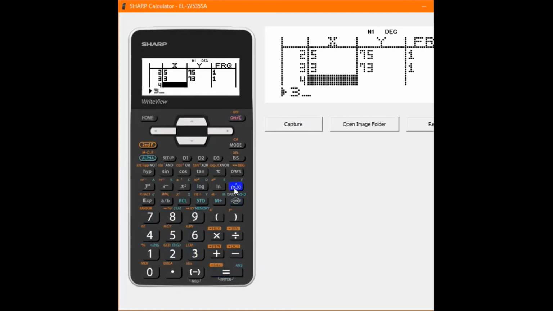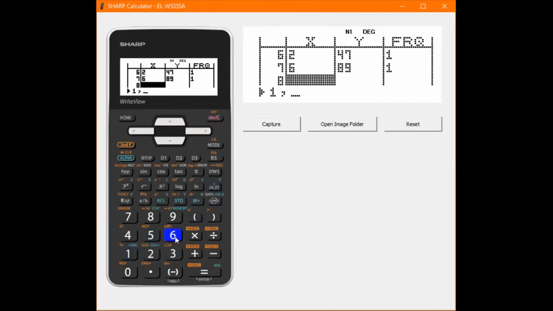Then we have 3 and 69 and equals. 4 and 86 and equals. 2 and 47 equals. 6 and 89 equals, and then I think on the other side, yes, there's 1 and 22 equals, and the last one is 4 and 72 equals.